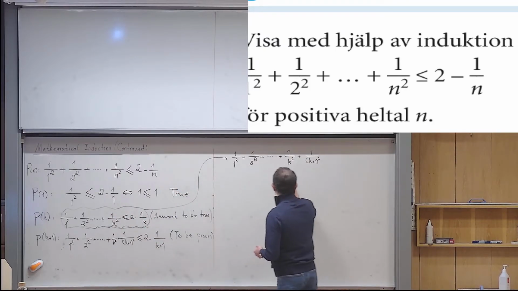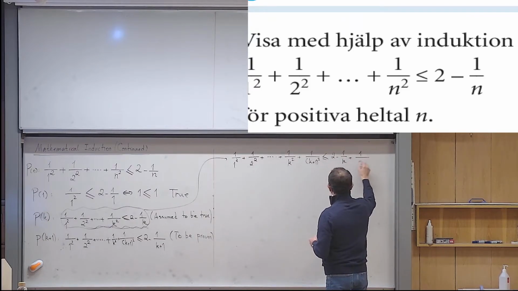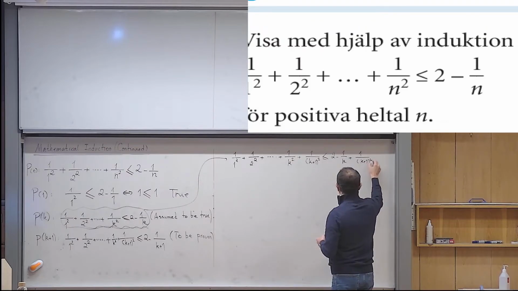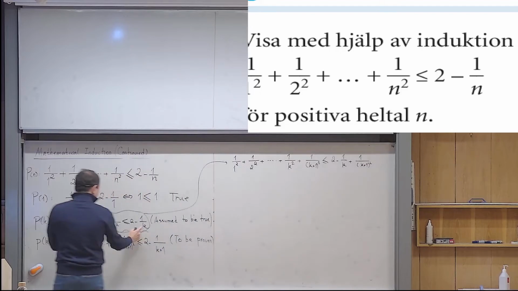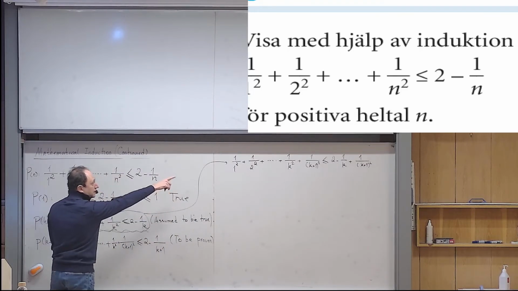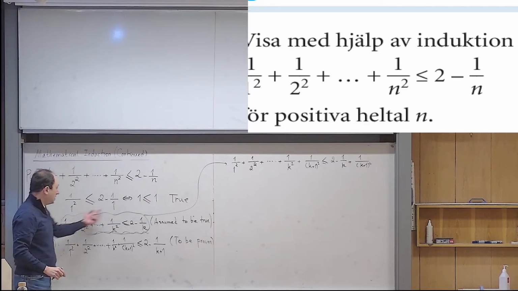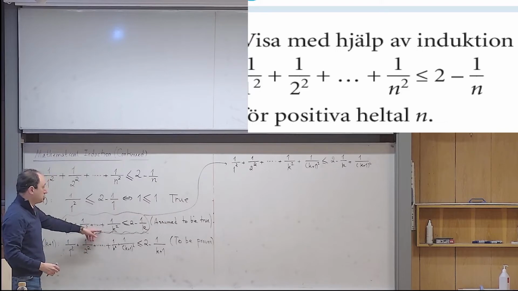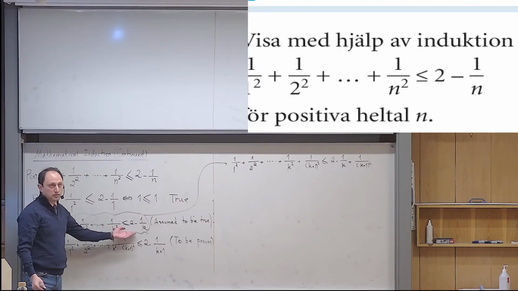So let me just write, maybe you understand better than my explanation. So 2 minus 1 over k plus 1 over k plus 1 to the power of 2. Do you agree that if this is true, which is assumed to be true, I can also conclude that one is also true? Is that right? What I have done, I have taken this one that you have given to me to be true, I added the same amount to both sides.